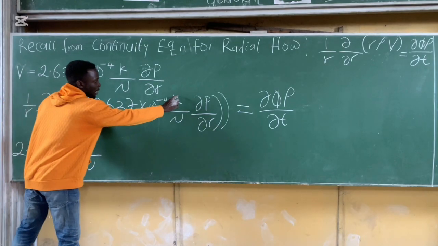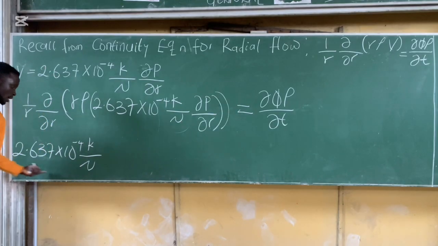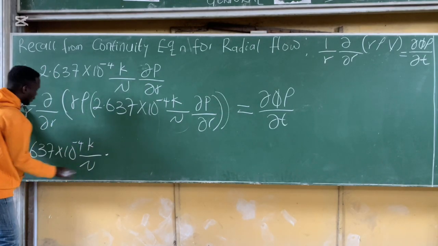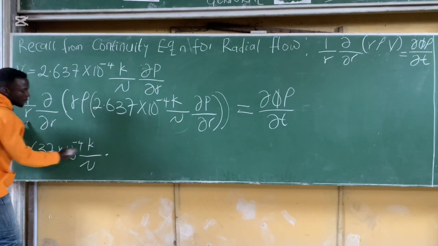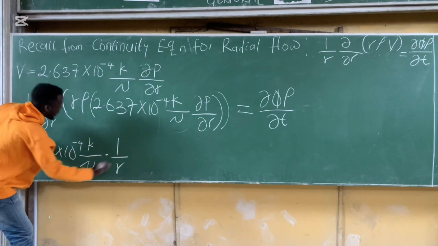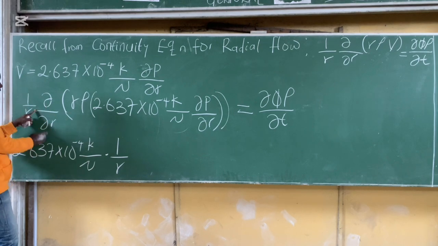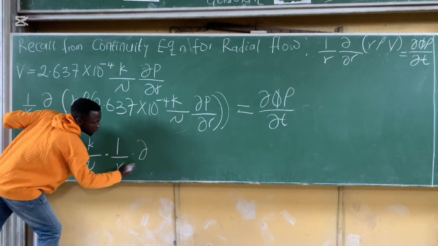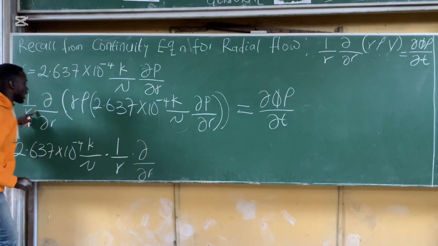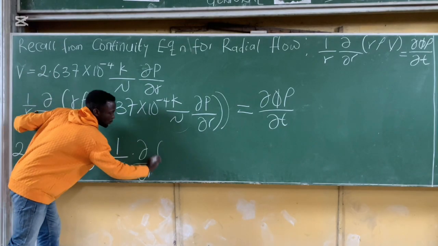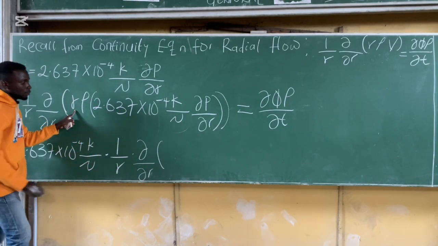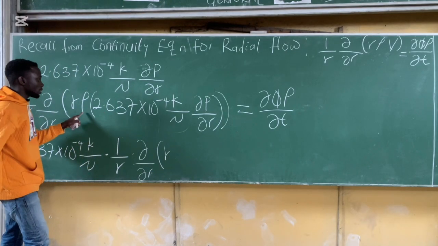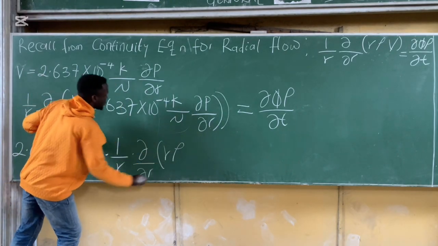Then we are going to have 1 over r, multiplied by d over dr of r rho, which is density.